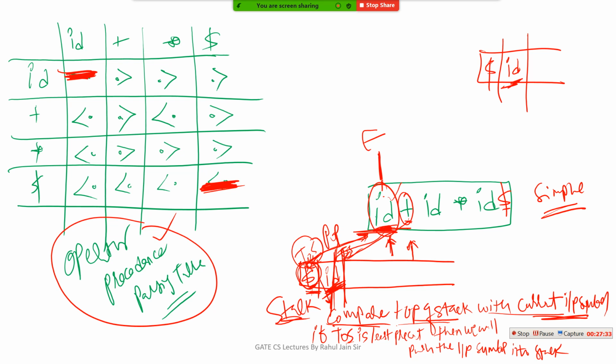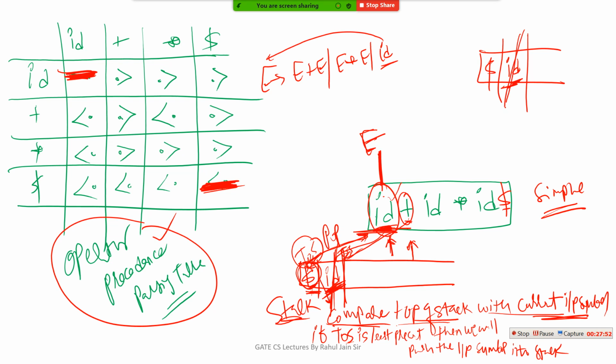So I replaced it. I reduced this terminal with the left hand side production, which was E, because my grammar is E derives E plus E or E star E or ID. That is why I replace this ID with E.